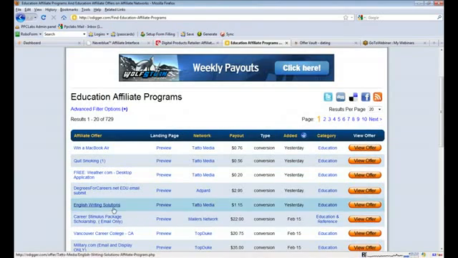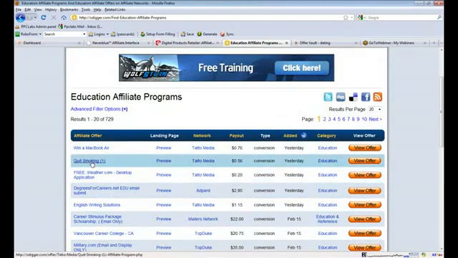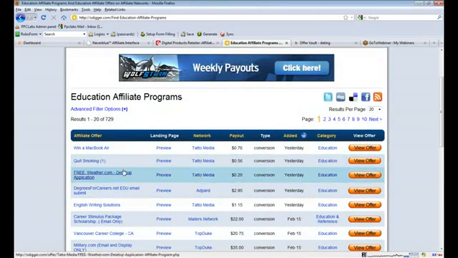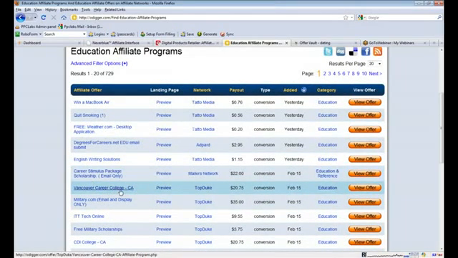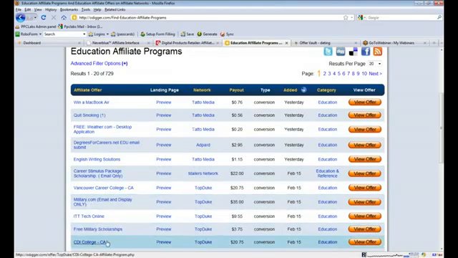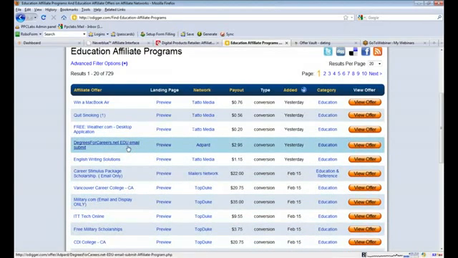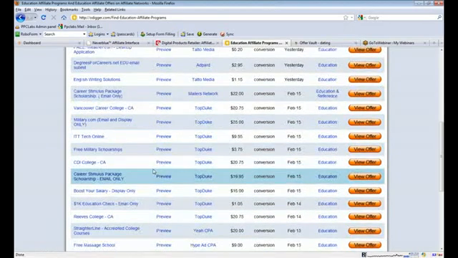I'm not so sure how well this works because it has a quit smoking offer here. But some of these look pretty targeted: scholarship, career college, military.com, degrees. This looks pretty targeted to the education category.